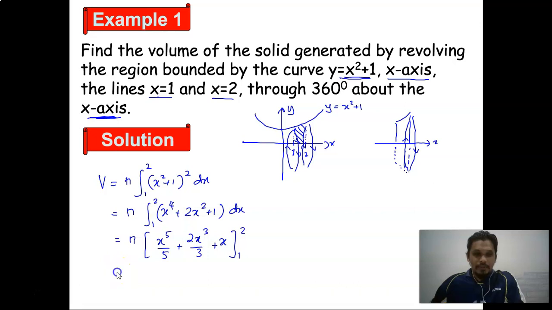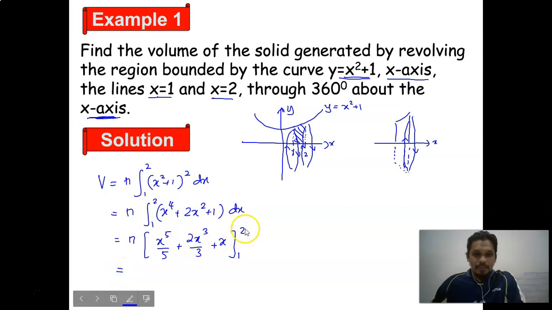Now it's time for us to substitute x equal to 2 and x equal to 1. Pi, we substitute x equal to 2 first. So 2 to the power 5 is 32, 64 divided by 5, plus 2 times 2 cubed, which is 8 times 2 equals 16, divided by 3, plus 2.